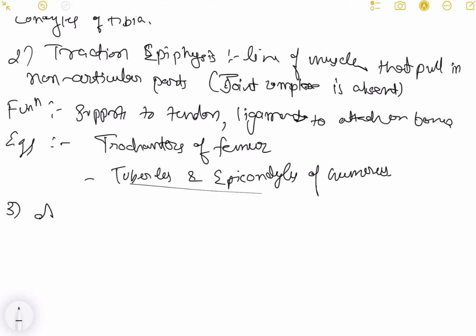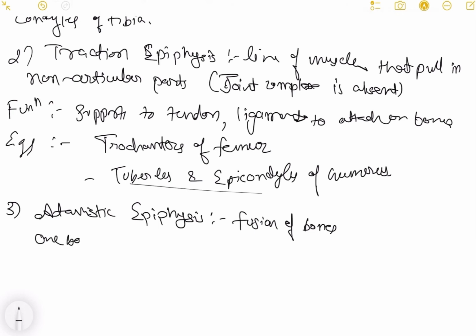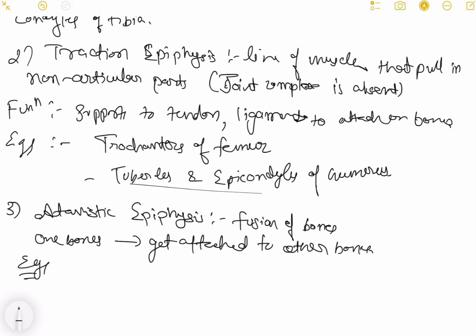Now third one, atavistic epiphysis. Now where is it present? Where there is fusion of bones. Where there is fusion of bone means one bone gets attached to another bone. There atavistic epiphysis is there. Example, coracoid process of scapula.